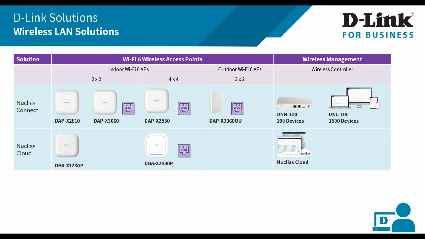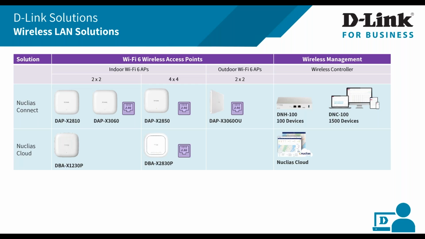So that was a multi-gigabit switching solution. Now on the wireless LAN side, for the connectivity for the mobile devices, laptops, smartphones, IoT devices, we offer a wireless LAN solution for small and medium enterprise customers as well as the campus wireless LAN requirements.